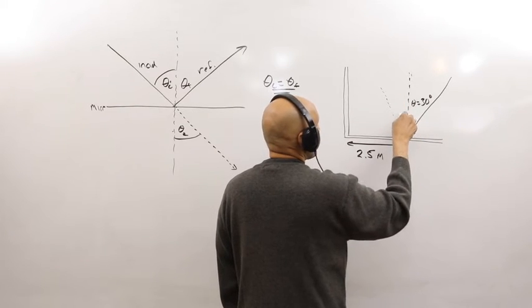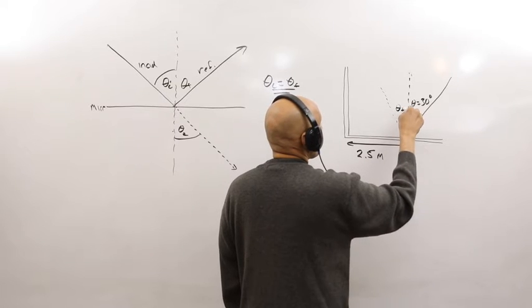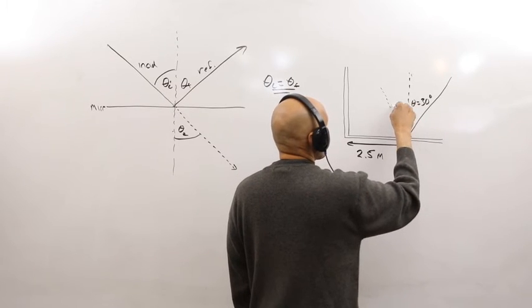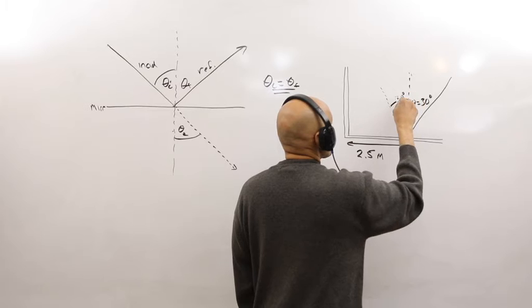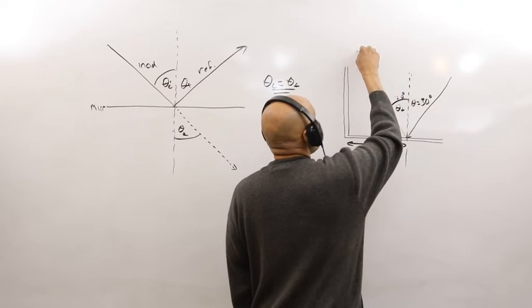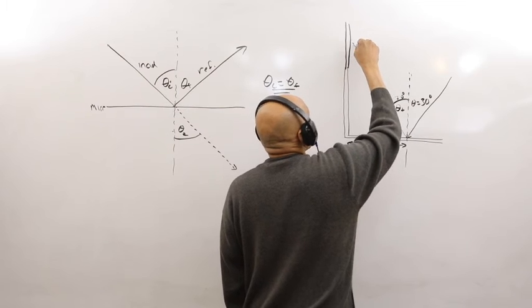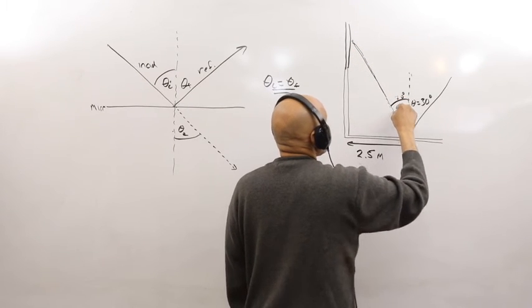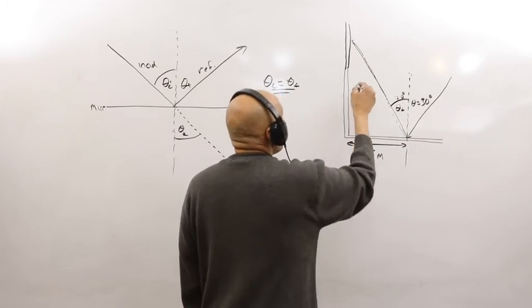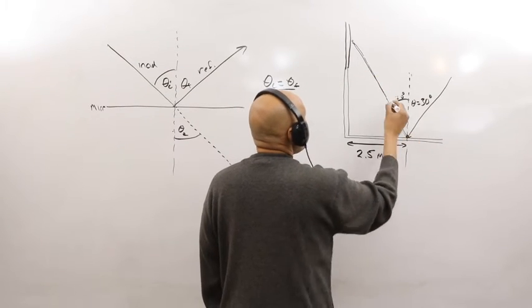So here is theta F. That's 30 degrees. So from here to here must be 30 degrees. So this light ray comes in and it's going to hit this second mirror. And one of the first problems we're asked is, first, what is the distance from here to here?